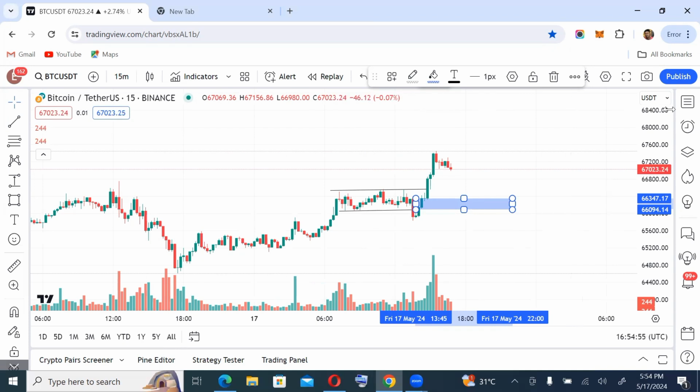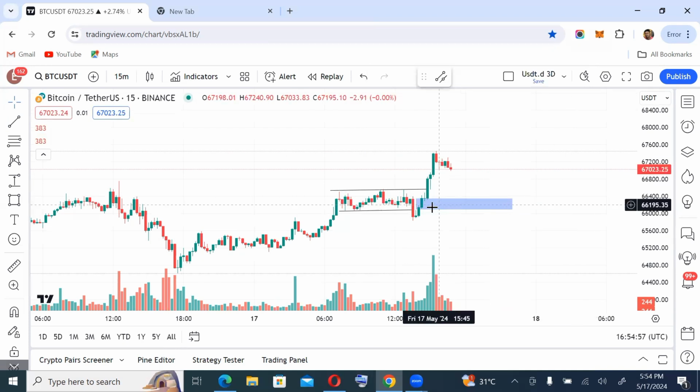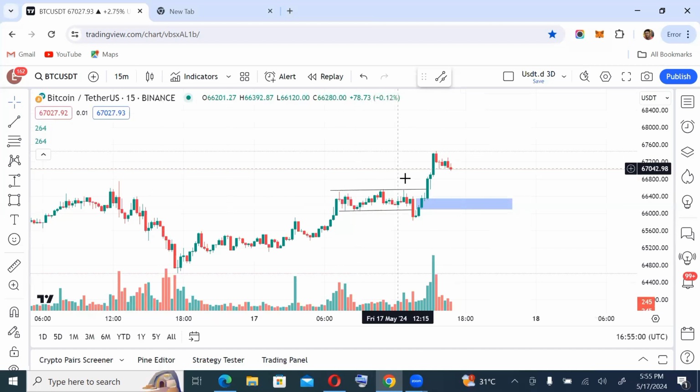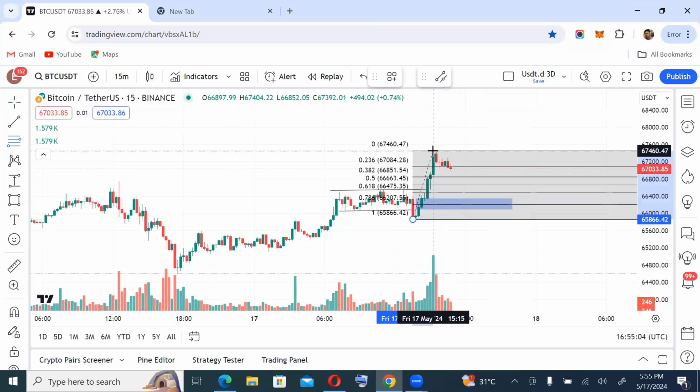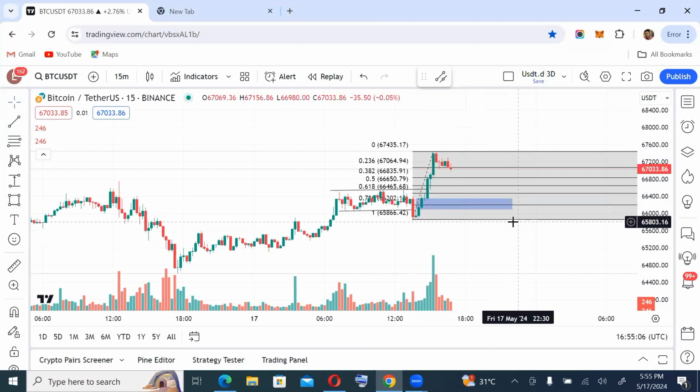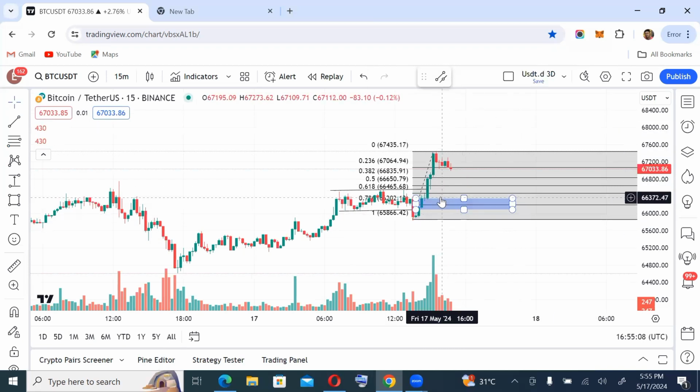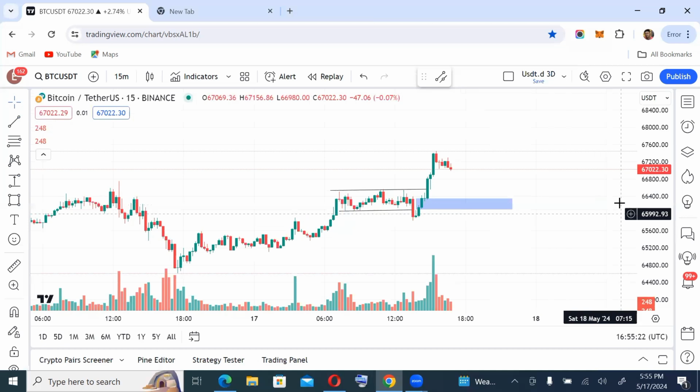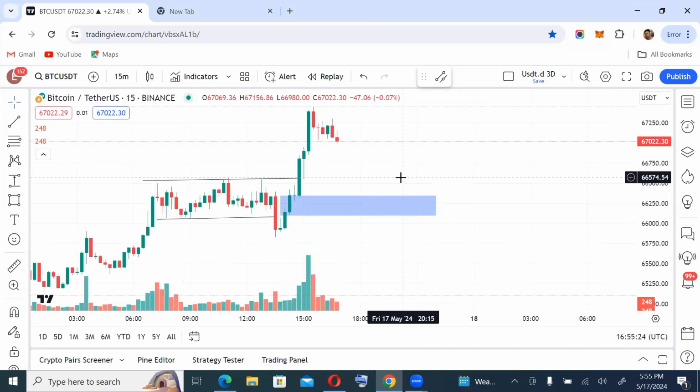All right, and I can tell you for a fact that price will likely come down here, retrace about 50% from Fibonacci to come back to this zone, come back somewhere around here before going up again, moving to the upside. So now we want to check, is there any fair value gap around here? Let's check.